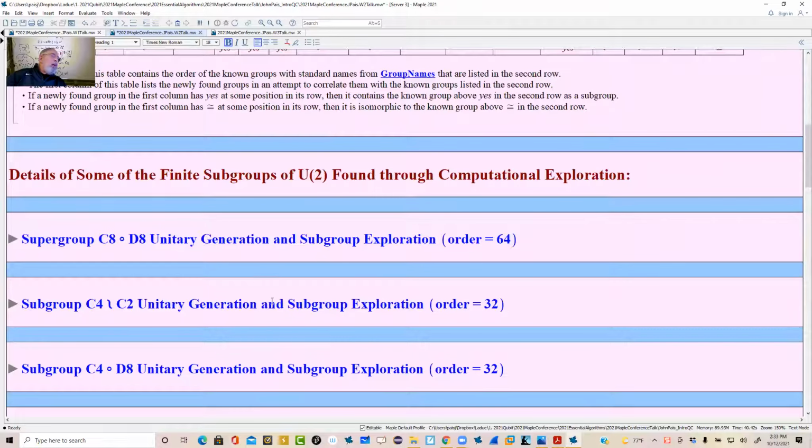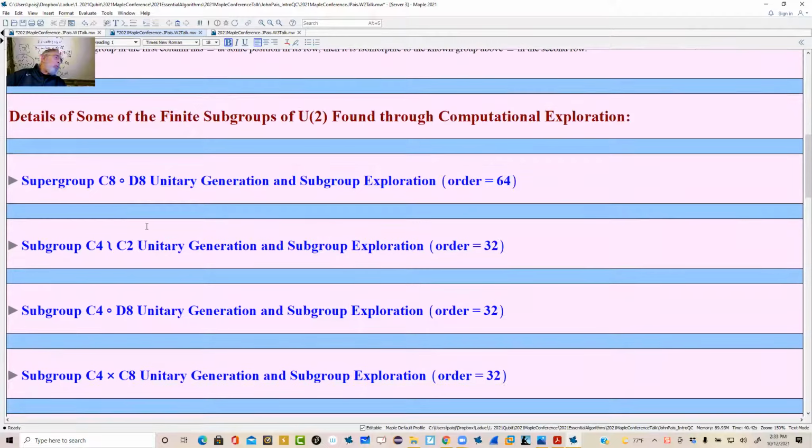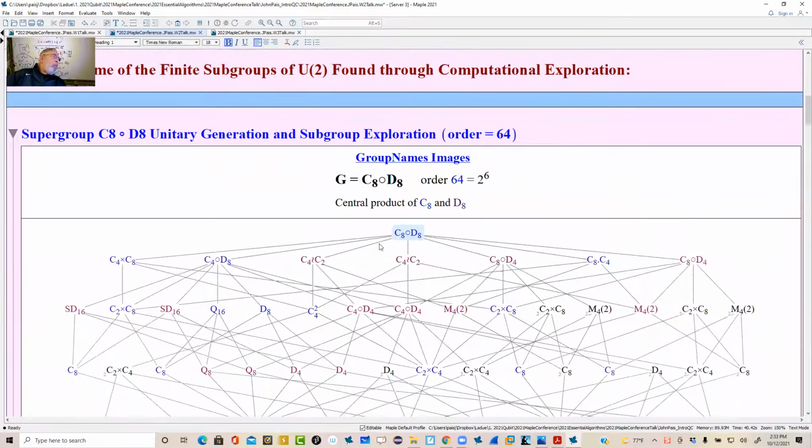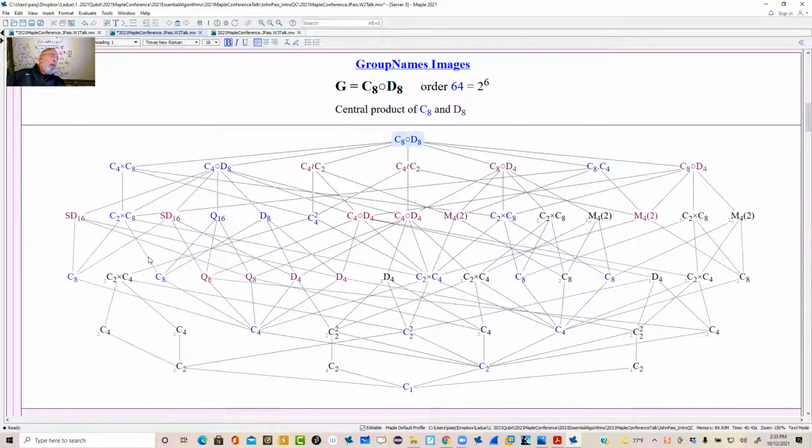Then I did the exploration myself, and there are many groups we found here, and one really interesting one is this, which I'm calling a super group because it's a super group of all the subgroups that are going to be below it. The idea is to find generators and generate all these things by continuing to extend. You can see that we started with Q8 right here, the Quaternions, then the Pauli group, and the next group I found was the wreath product of C4 on C2, which is a group of order 32.